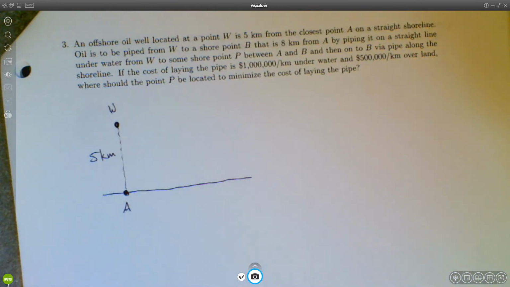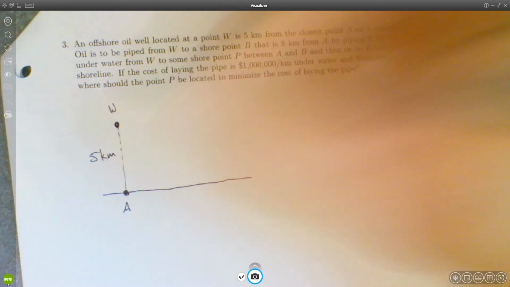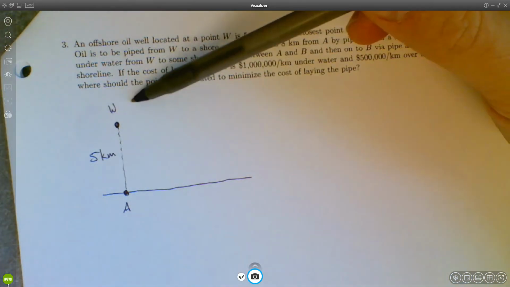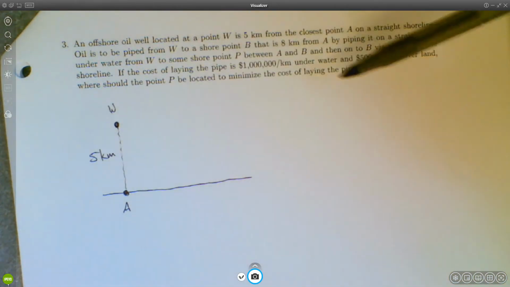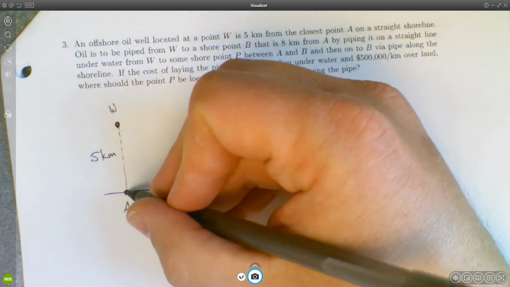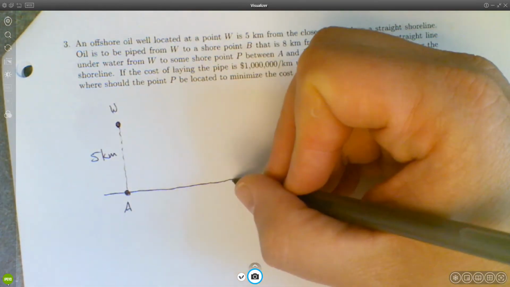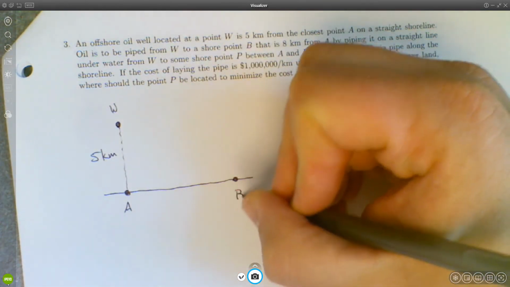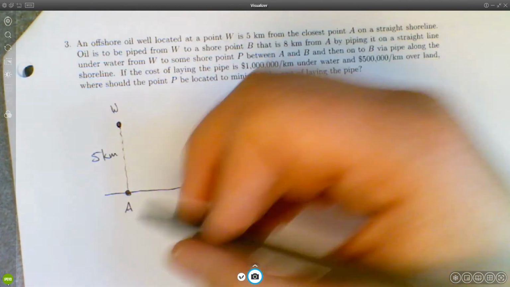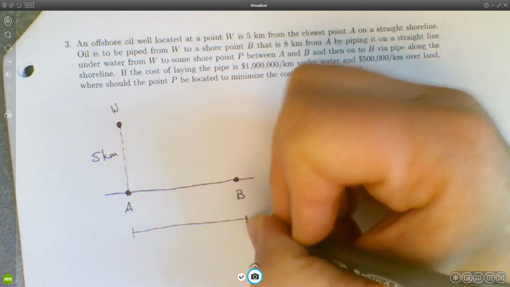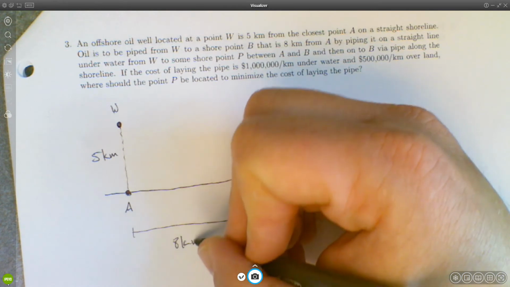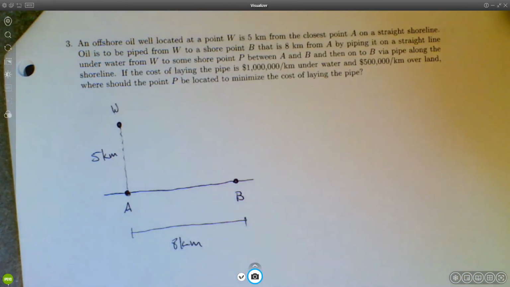Very good. Okay. It says oil is to be piped from W to a shore point B that is 8 kilometers from A. So it's another point along the shore, right? So maybe B is here, and from here to here is 8 kilometers.